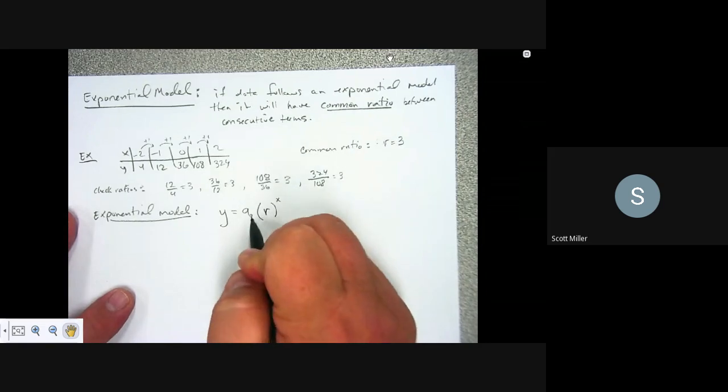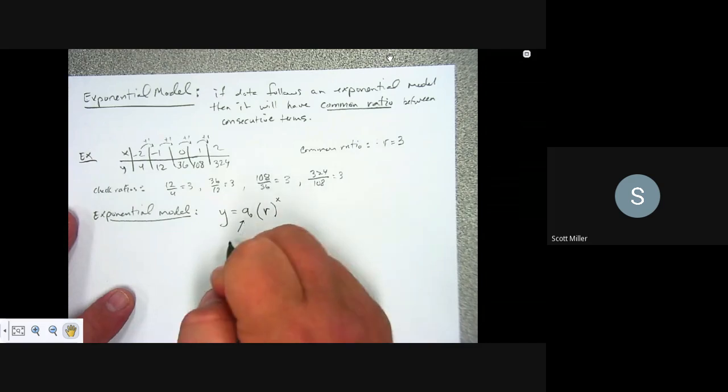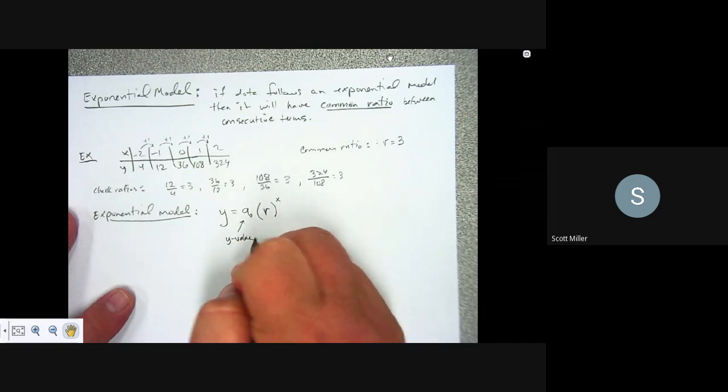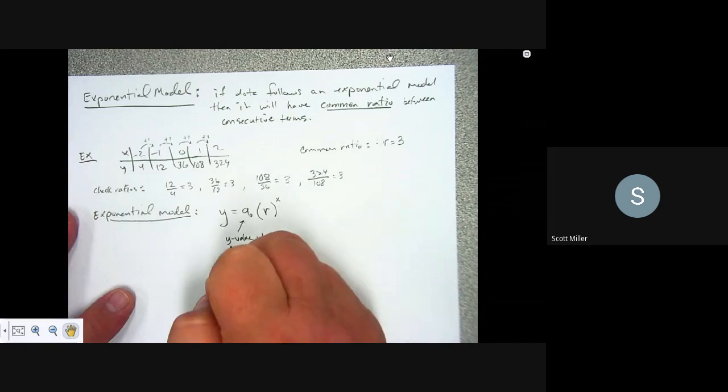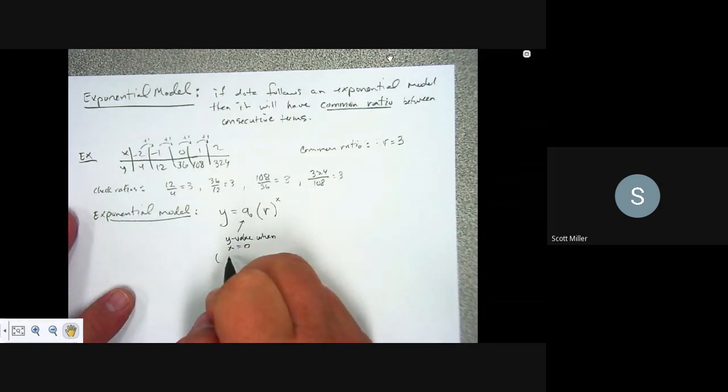I chose this one because if you can find the 0 term in here, then you want to use it. Okay? So this right here is the y value when x equals 0. This is also called the y-intercept.